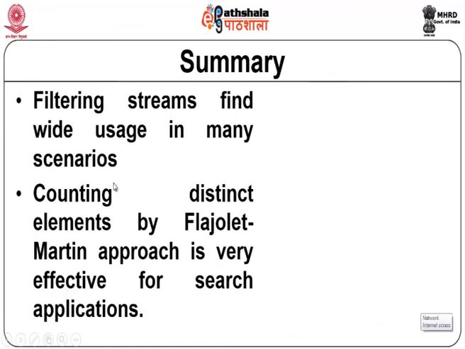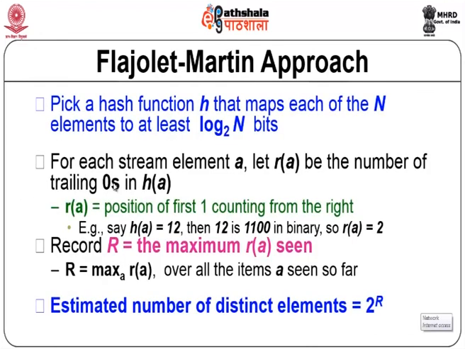Now, in summary, we have discussed filtering streams, which are widely used for many scenarios. Counting distinct elements with the Flajolet-Martin approach is very effective. The effectiveness is because of the hash function that you choose.